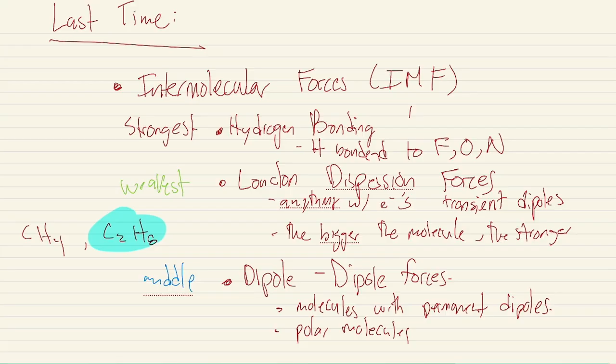Those can all be polar as well if we have unequal sharing in opposite directions, right? So an example of that was something like carbon dioxide, except we replace one of the oxygens with sulfur. And now the dipole isn't the same in both directions because oxygen and sulfur have different electronegativities, right? So they don't cancel out. We have a permanent dipole in that molecule.